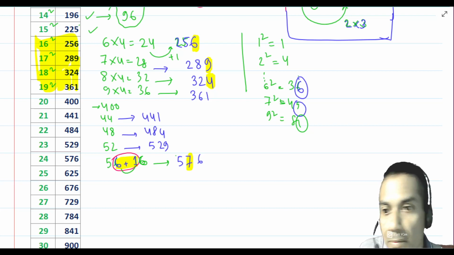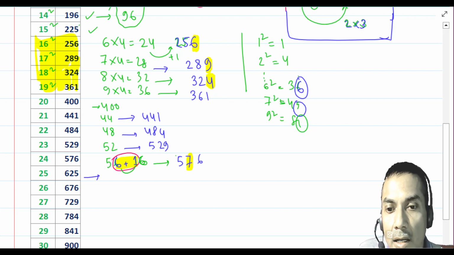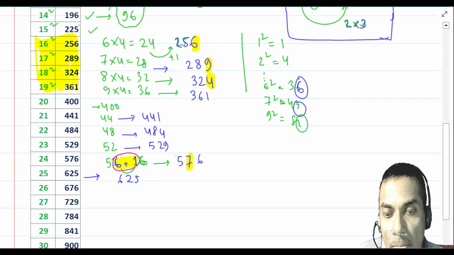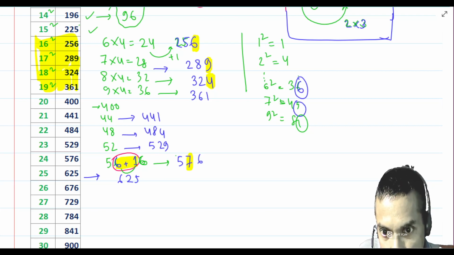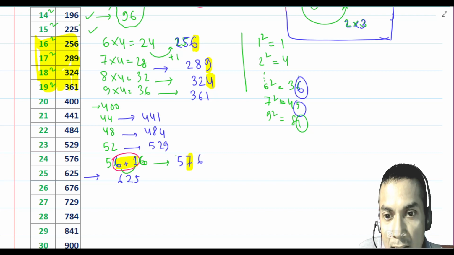But 25, as per 15, the same rule is applicable, 5 5s are 25, 2 into 3 is 6, so 625. Now you remember, as per this series 44, 48, 52, 56, then it will be 60.